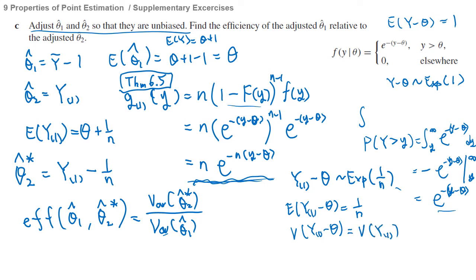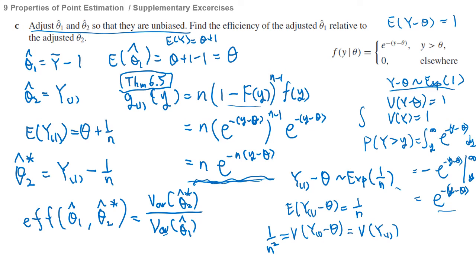They are the same, and this thing is 1 over n square. And also from this one, the variance of y minus theta is 1. So the variance of y is 1.